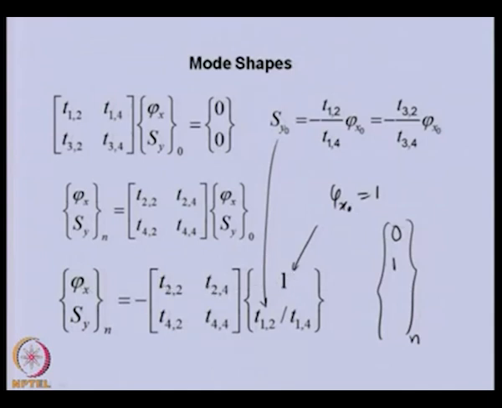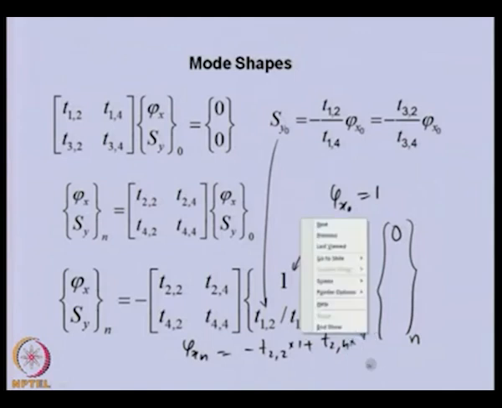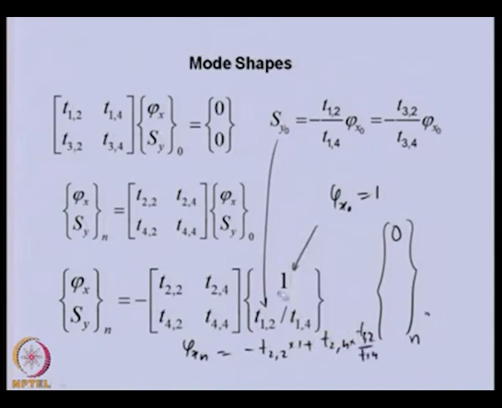So, phi that will be given as phi x n is equal to minus t 2 comma t into 1, plus t 2 comma 4 into t 1 2 by T12 by T14, this term.